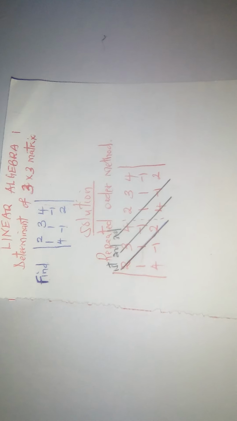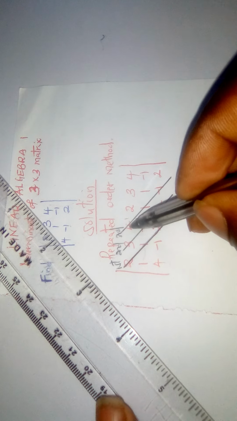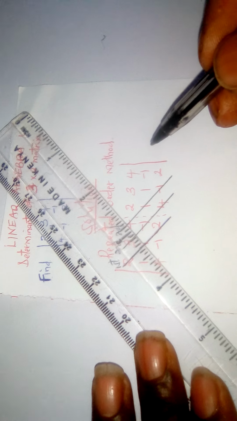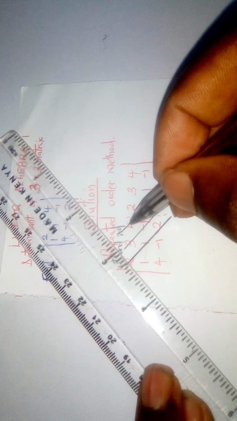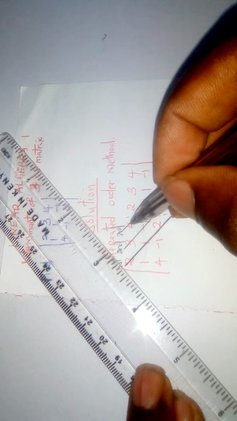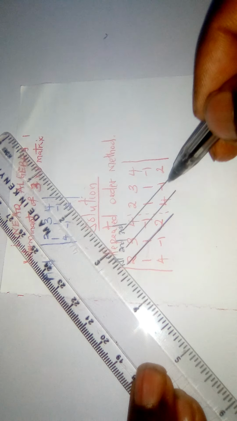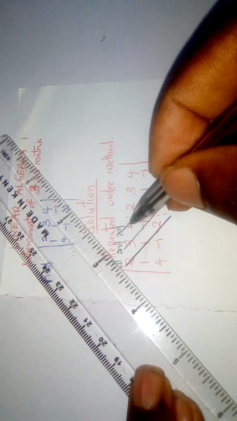Now friends, after that you are supposed to make another set of diagonals that share the same values as the first ones.